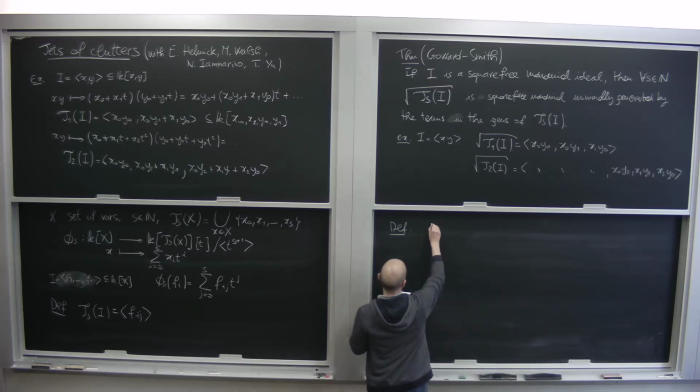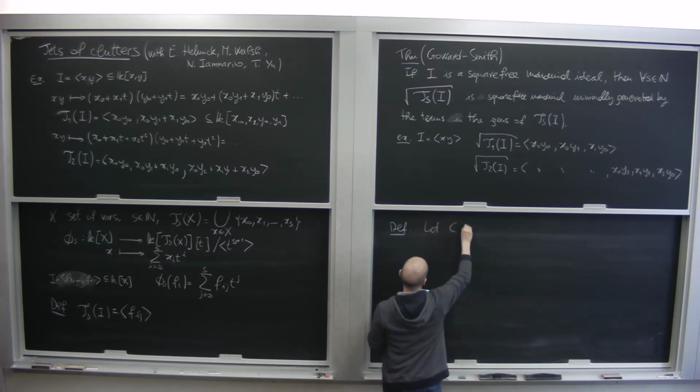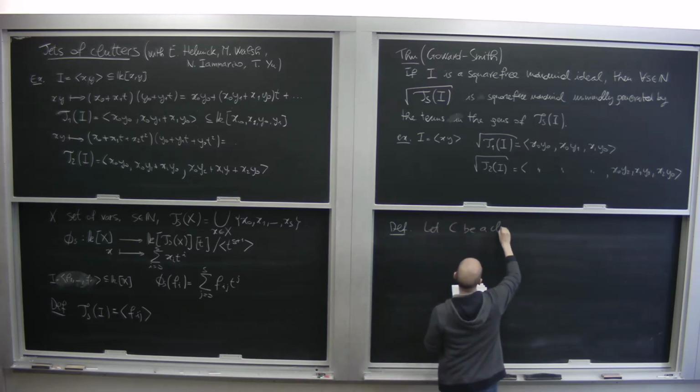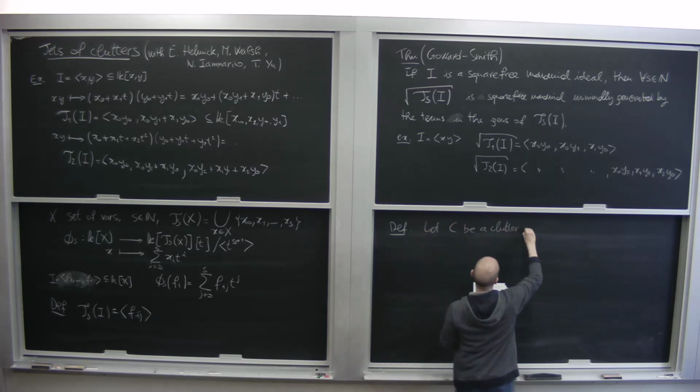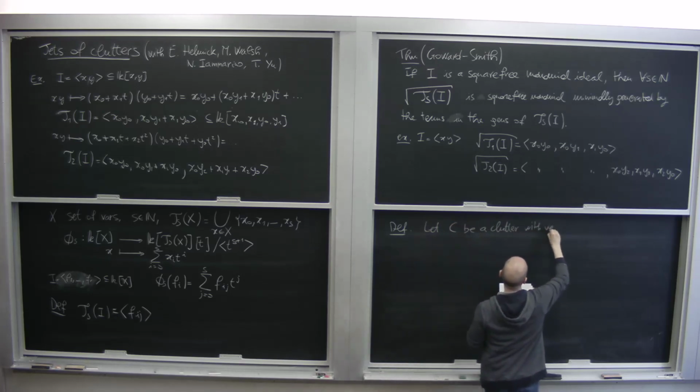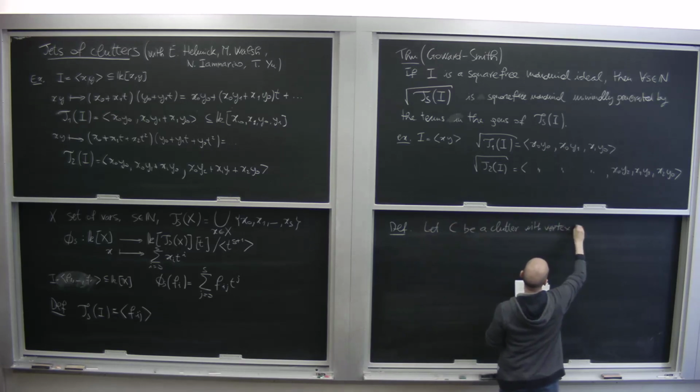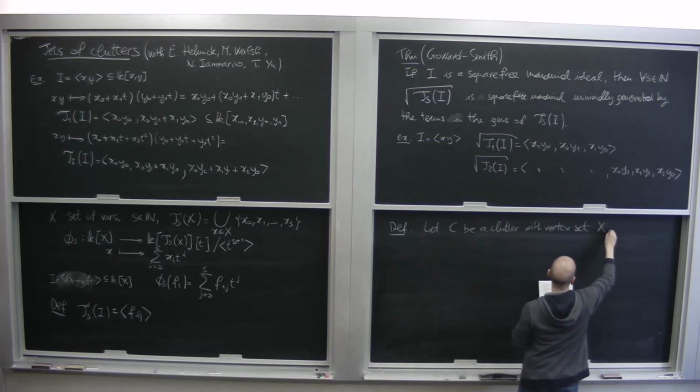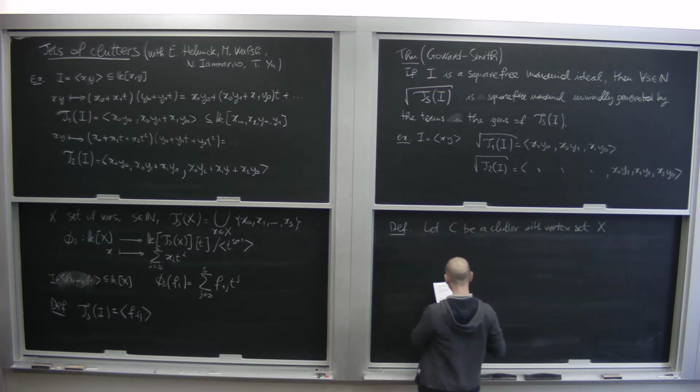So we're going to say this. Let C be a clutter with vertex set x. So this is my set of variables.